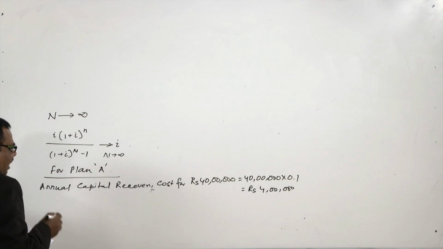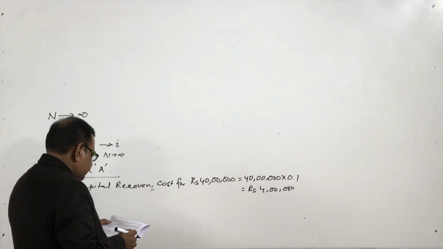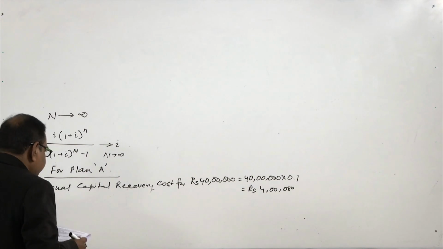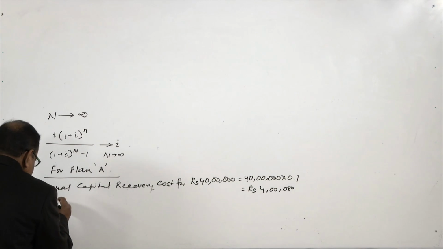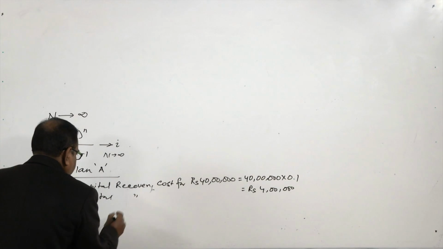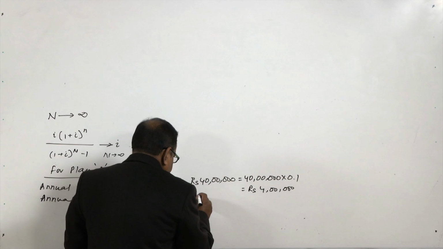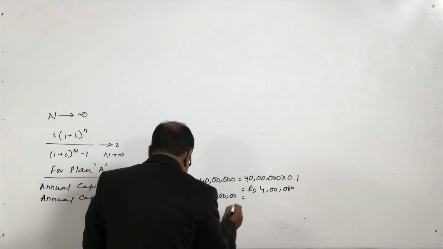Now, another 20 lakhs is being invested. The life of the structure is 20 years, so the annual capital recovery cost for rupees 20 lakh is easy to calculate.